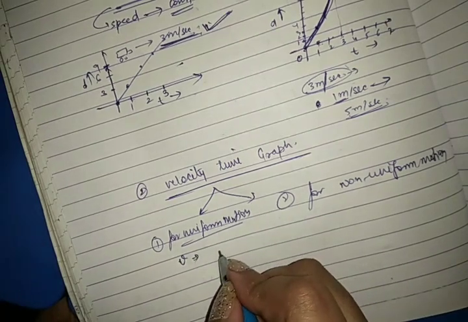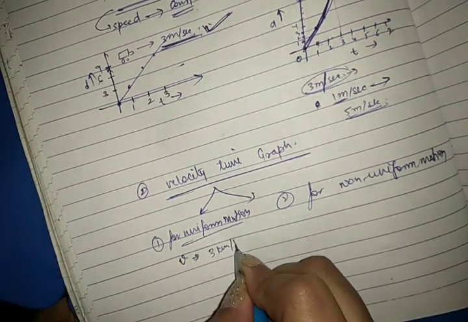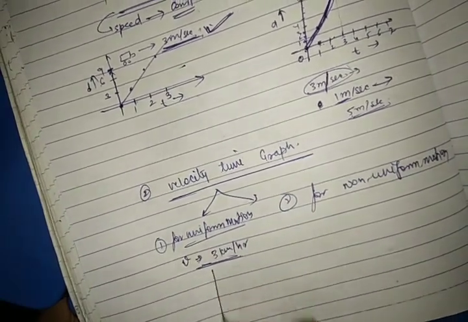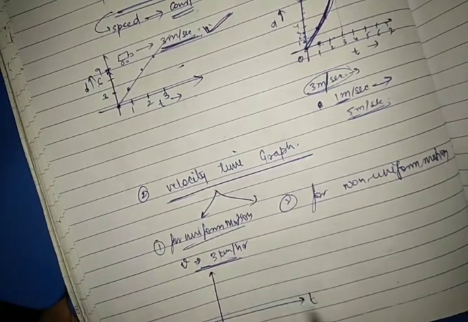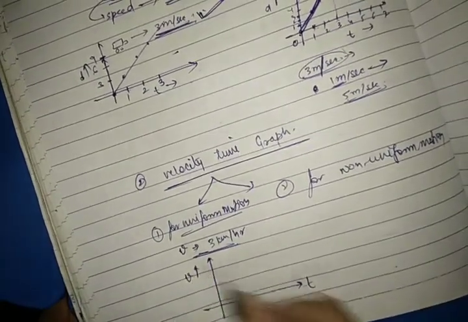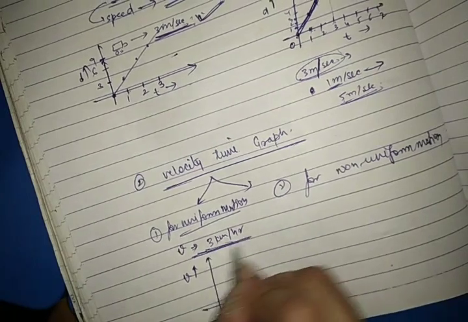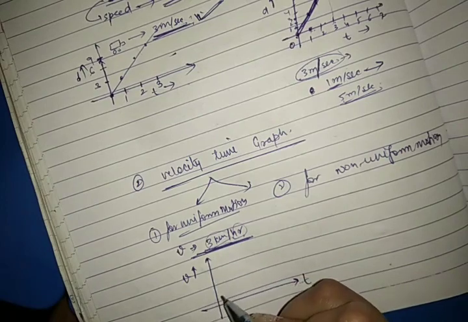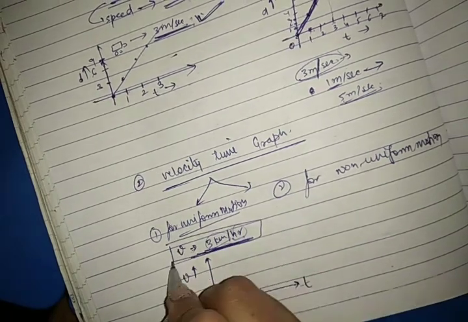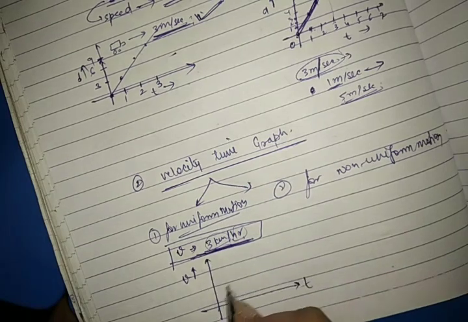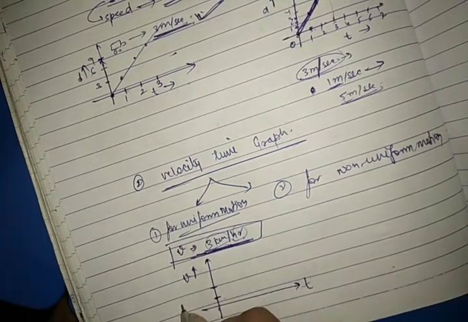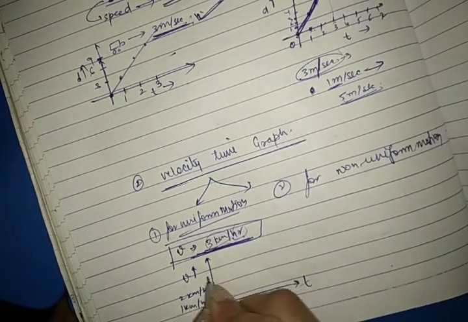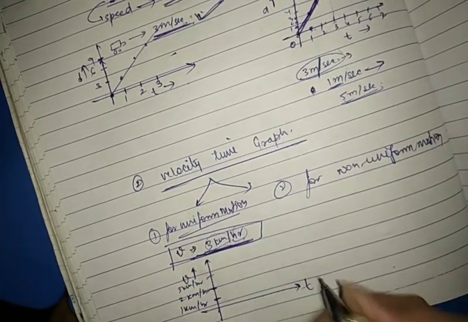If an object is traveling with a speed of 3 km per hour, then it will continue with this speed only. That means if this is the time axis and this is the velocity axis, then you can see 3 km per hour. That means every 1 hour it travels 3 km. So speed is 3 km per hour. But this is the velocity axis. Here 1 km per hour, here 2 km per hour, here will be 3 km per hour.